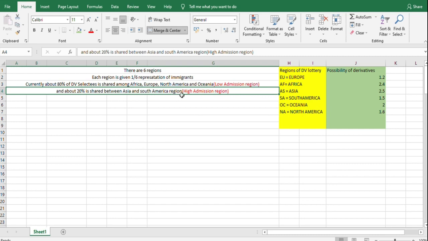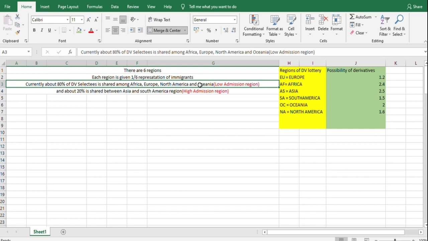Currently, the high admission regions account for a total of 80% of the total immigrant representation, while the low admission regions account for only about 20%.